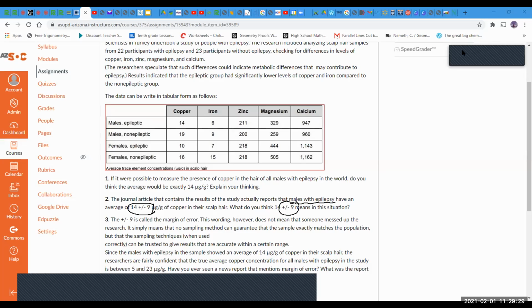So the plus or minus 9 is called the margin of error, and it is saying that this does not give us a guarantee that the sample exactly matches the population. The sampling technique can be trusted to give results that are accurate within a certain range. After elections, a lot of news channels will conduct a survey and call it exit polls.